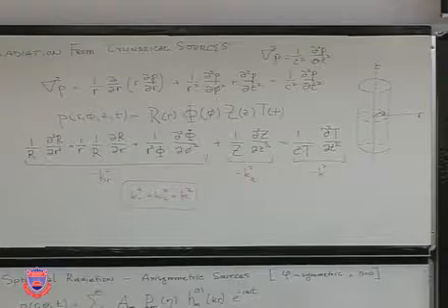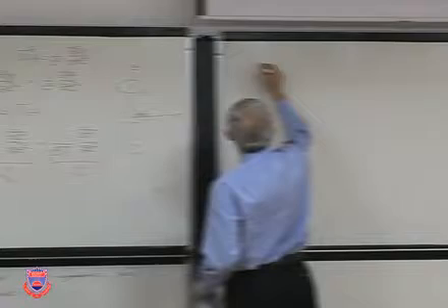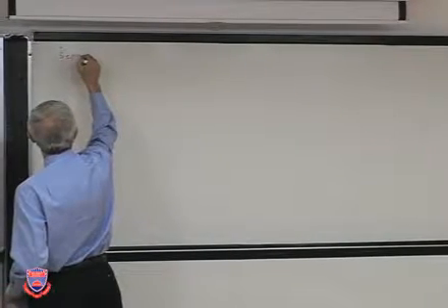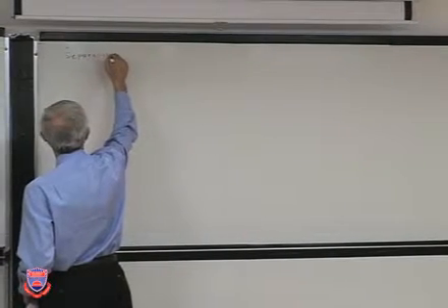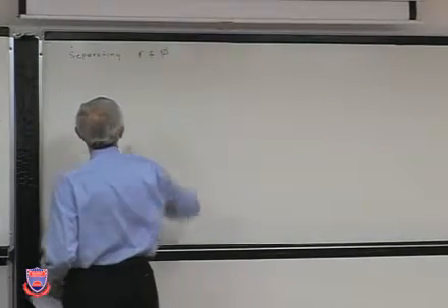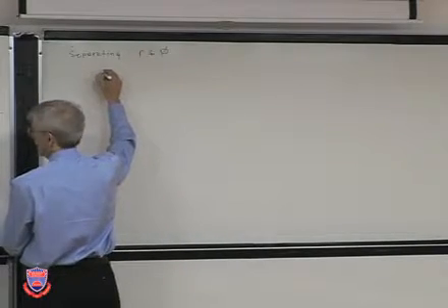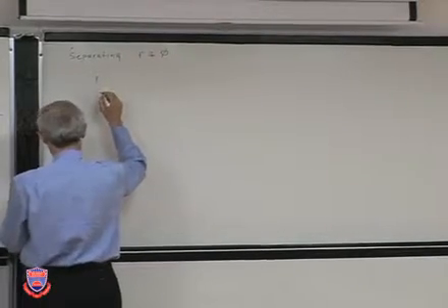So separating R and phi, we can now write R squared.